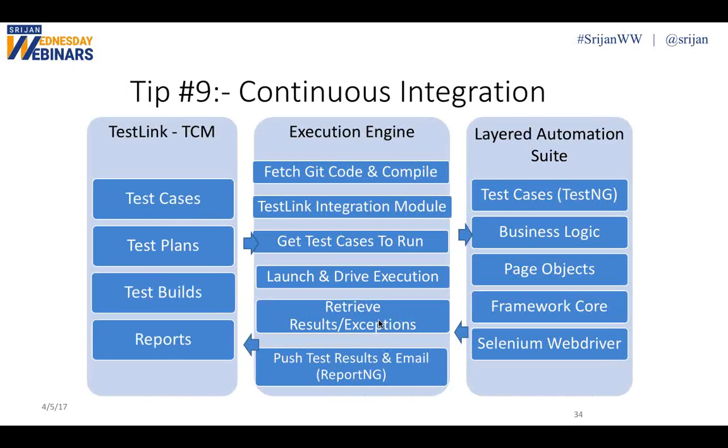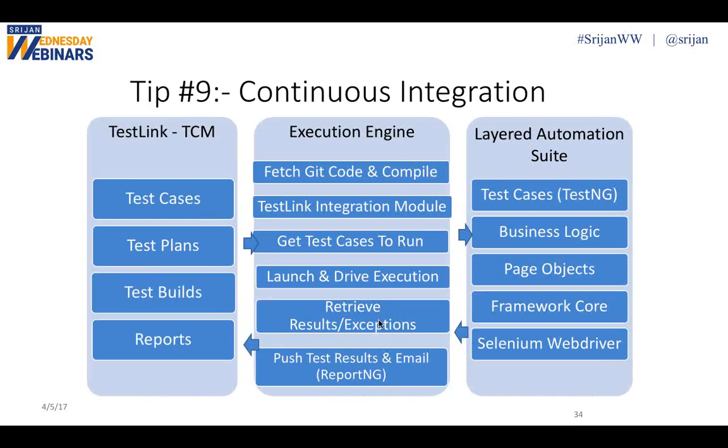So what you do there is you fetch the code from Git or whatever source control, compile that code, get your test cases from TestLink, and then run them using your automation suite, and then get the results and push the results back to TestLink, and also publish the results over email. All of that happens automatically using a Jenkins job.